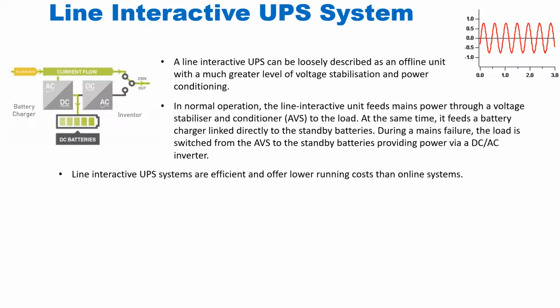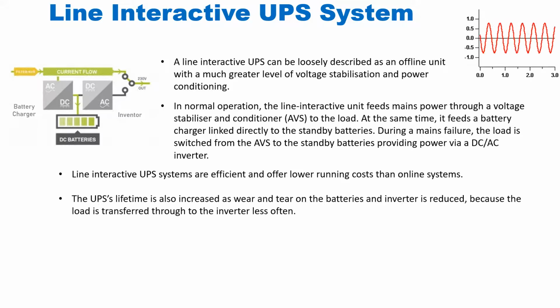Okay, but with this type of UPS, the issue is it offers lesser protection against electrical frequency differences or distortion, or the harmonics on the input. It does not offer much protection there.